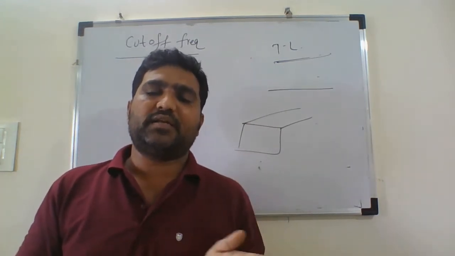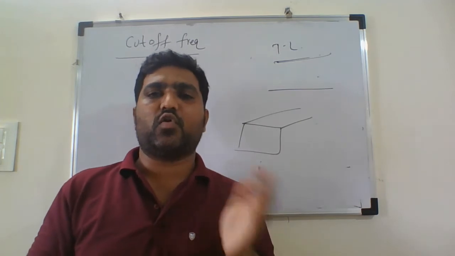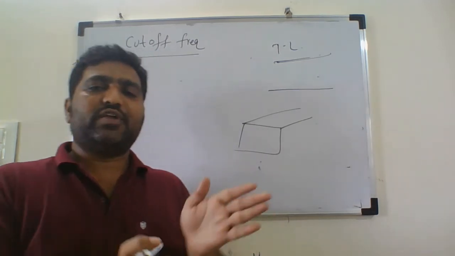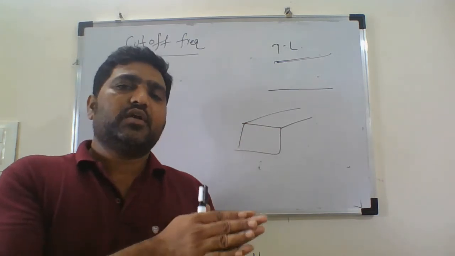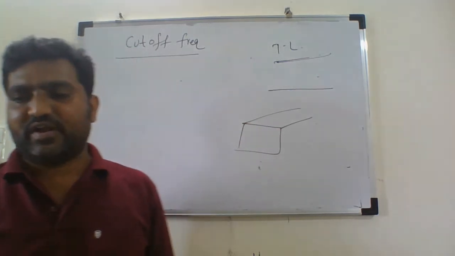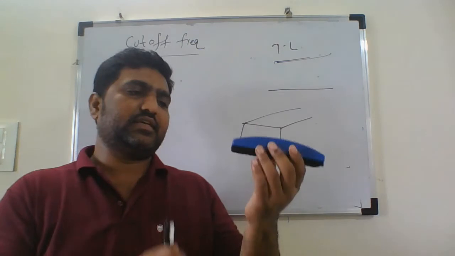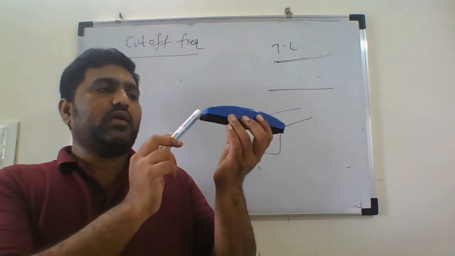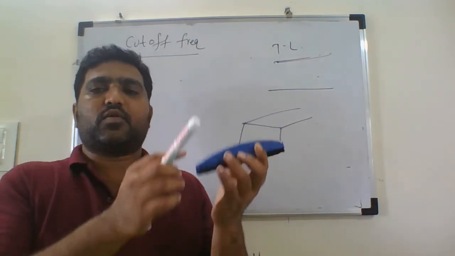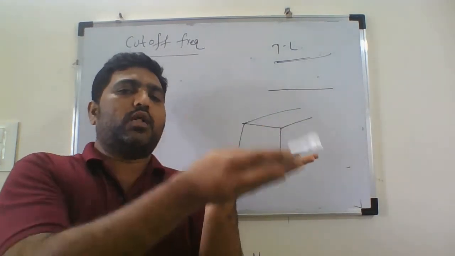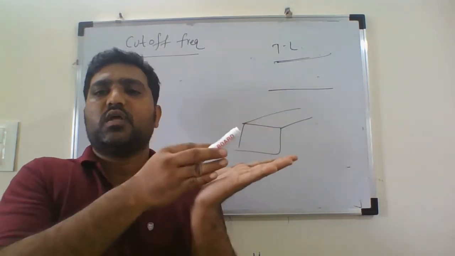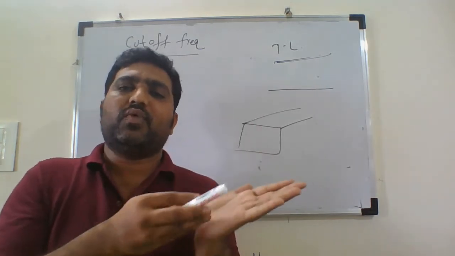More practical waveguides, such as rectangular or circular, don't have a two-wire structure. If I consider a rectangular waveguide like this, it's a closed box, isn't it? A rectangular waveguide is a closed box. All the four sides are closed and connected to one another.